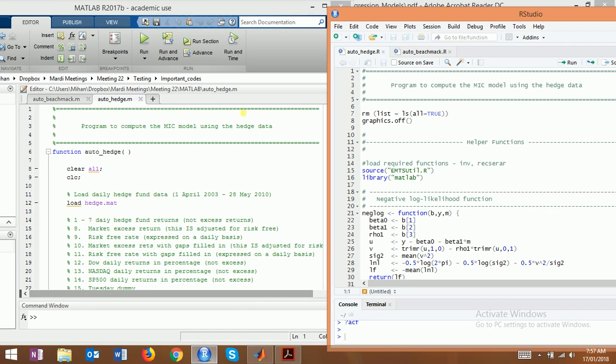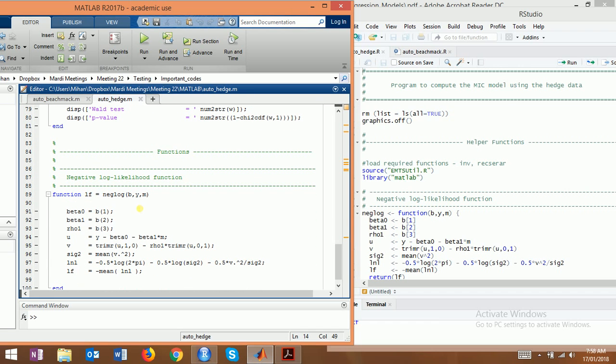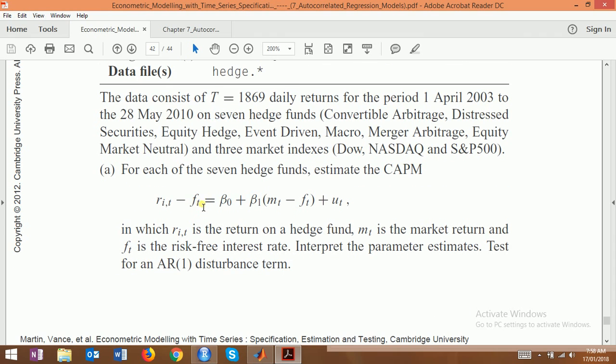Great. So first we need to see we have the log likelihood function. Yes, the log likelihood function with arguments b, y, m.